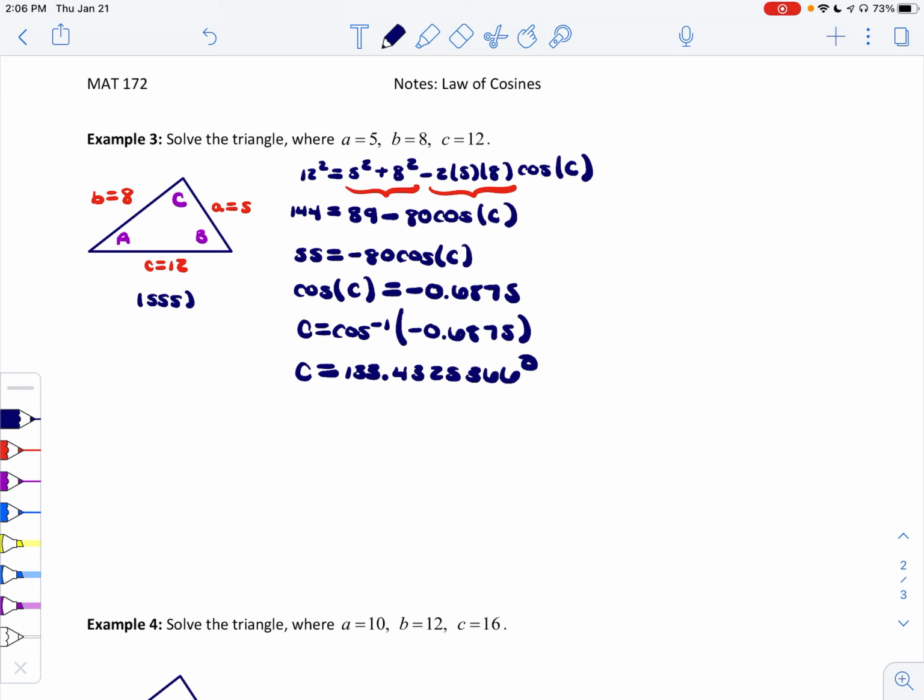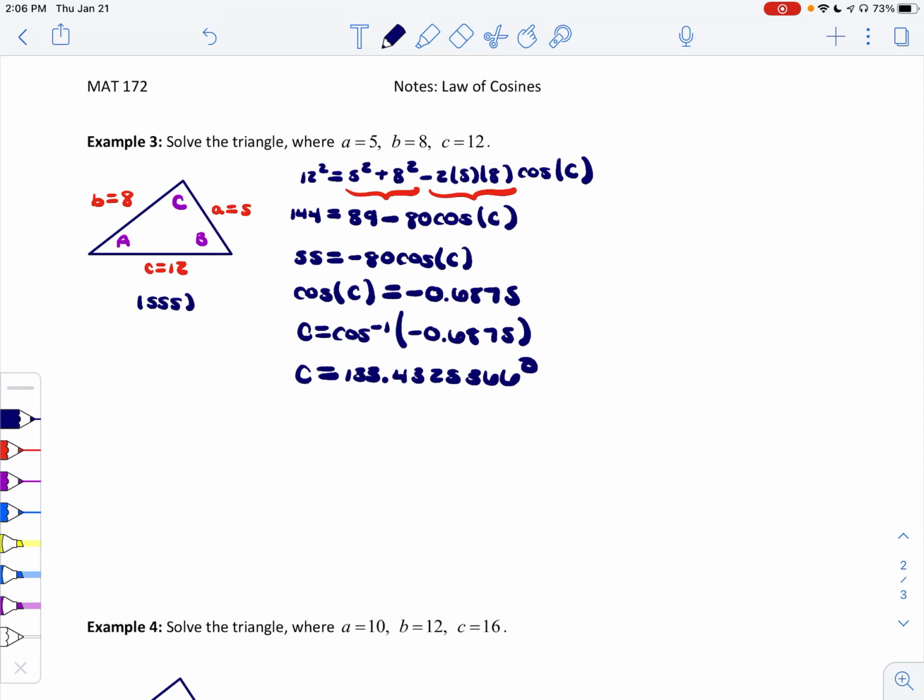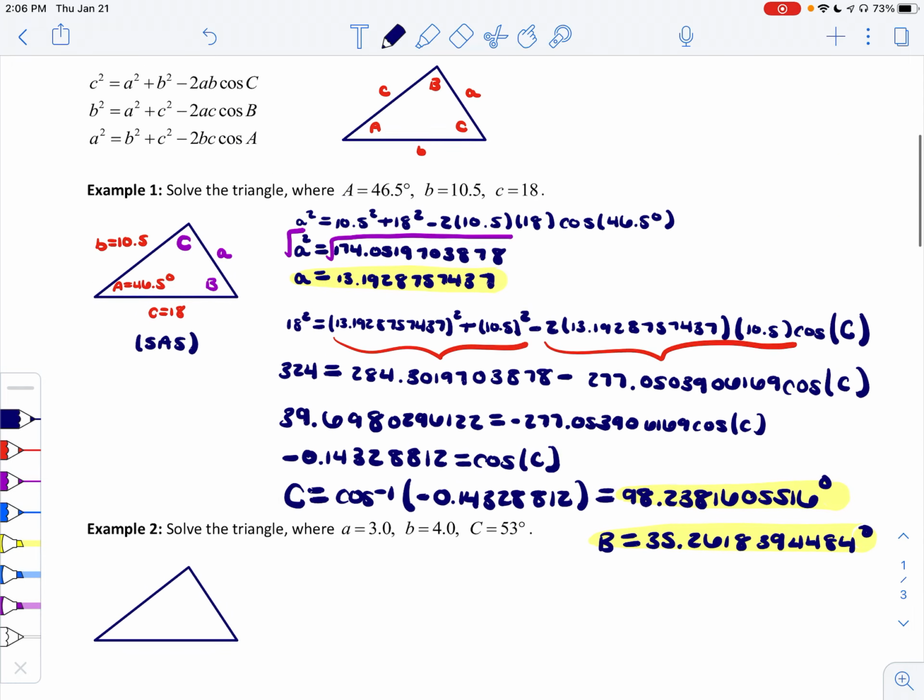All right, so once we have our first angle, we can just keep going with our law of cosines in order to find our next angle. We have enough information to find either one of the angles that we want.